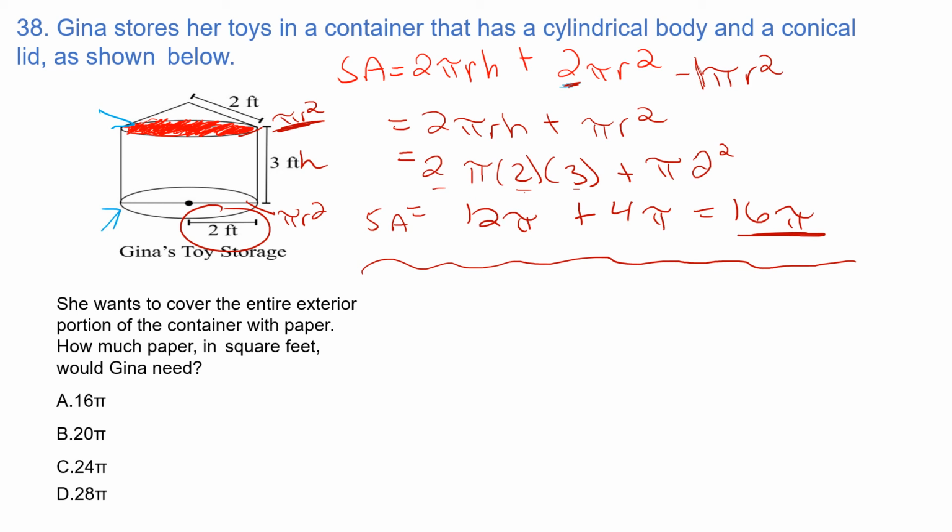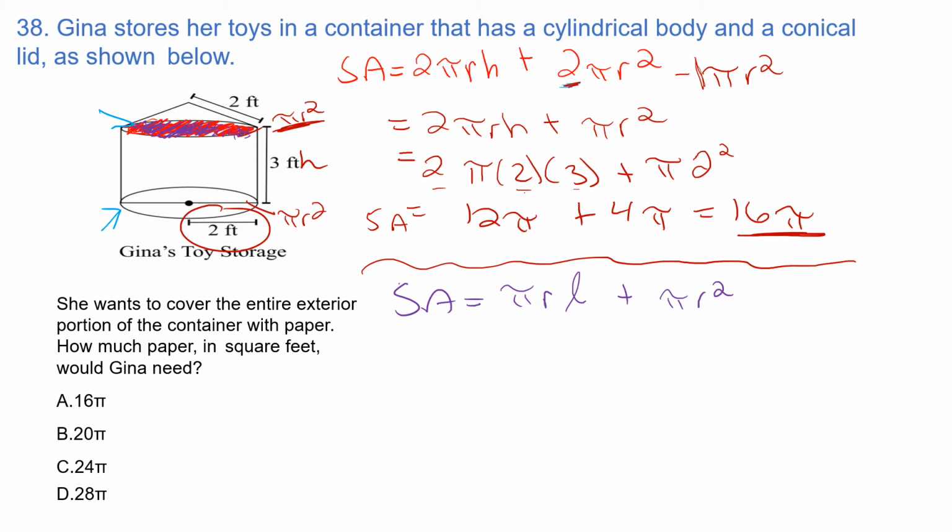So the formula for the cone is pi r times L plus pi r squared. And again, that pi r squared comes from, hopefully you remember, this circular piece right here. We don't need the area of this circle here because, as we mentioned before, it is on the inside.